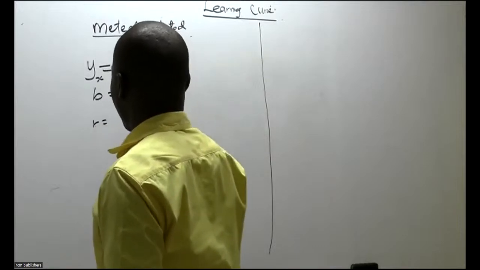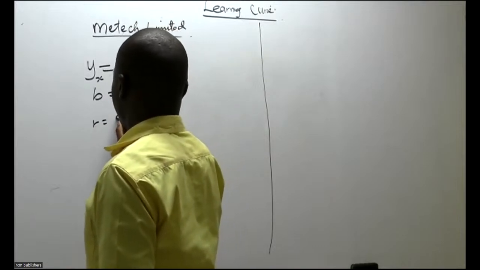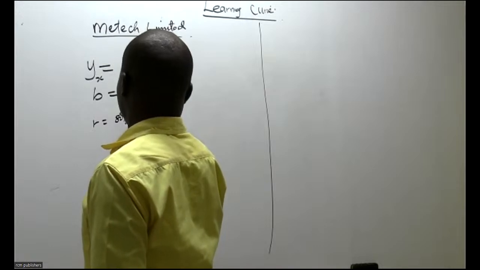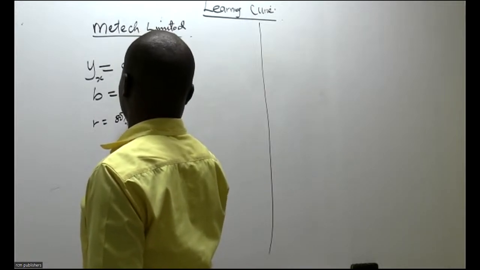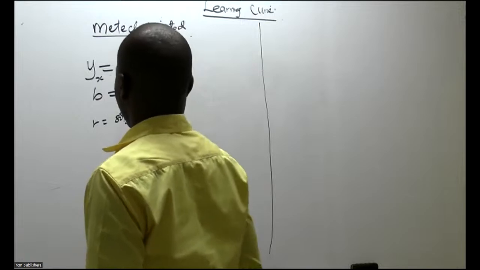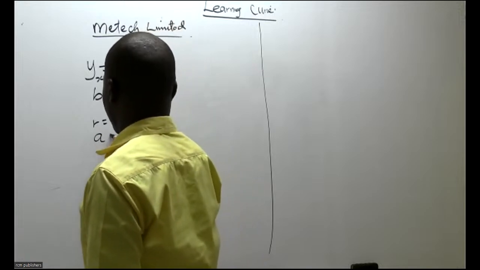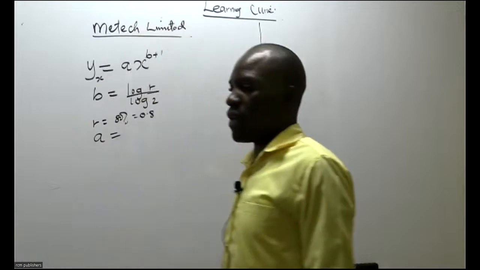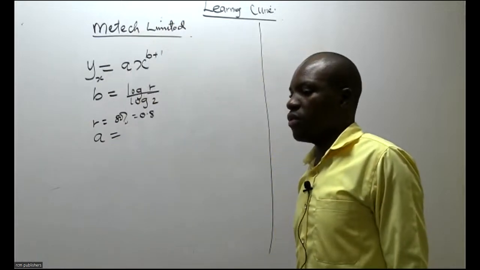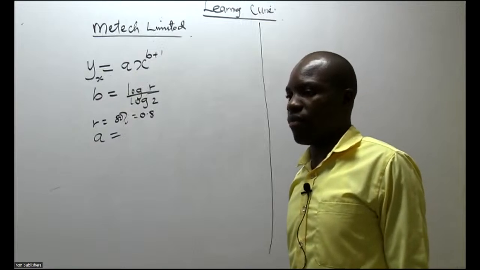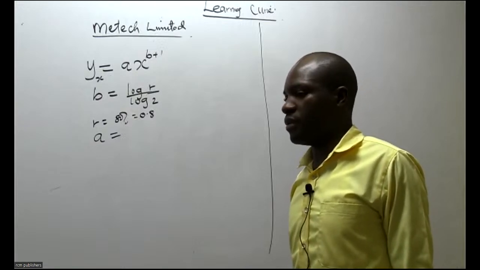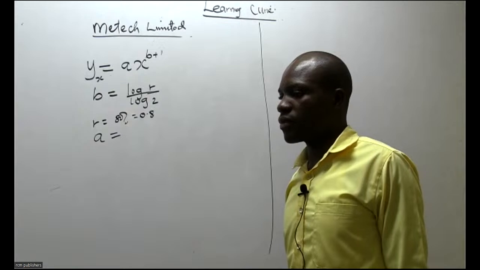We have been given r to be 80%, which is the same as 0.8. Then have we been given x or a? I want you to help me identify a, because with a, we'll be able to do something. Have we been given the value of a in the question?